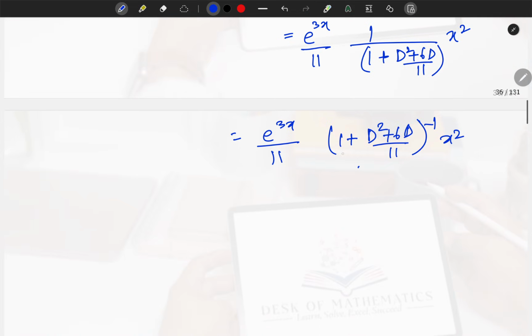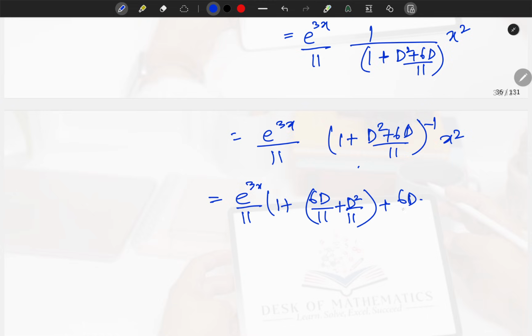So it will be (1 plus x) whole raised power minus 1, and you have the formula e raised power 3x by 11, that is 1 minus x, where x is 6D by 11 plus D square by 11, plus (6D by 11 plus D square by 11) whole square, plus so on.